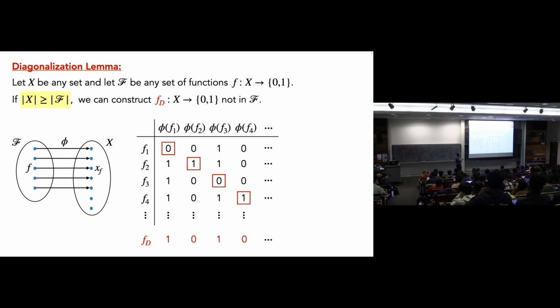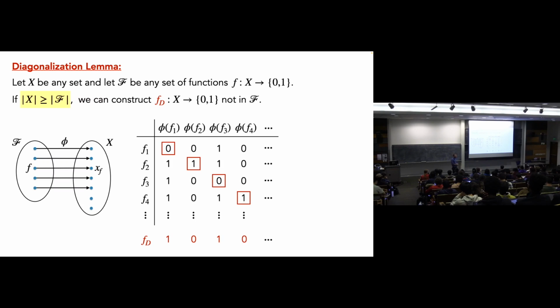If they're uncountable, then I would not be able to really visualize it as a table. I cannot list them out. You cannot list out an uncountable set. But nevertheless, we're going to use it in the context of either finite or countable sets, so you can visualize it nicely in the table. But diagonalization is not dependent on or equivalent to the creation of a table. It's a more general technique.